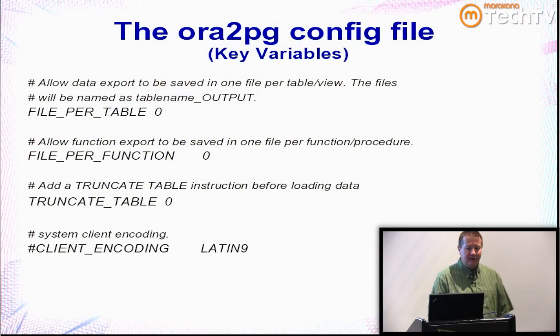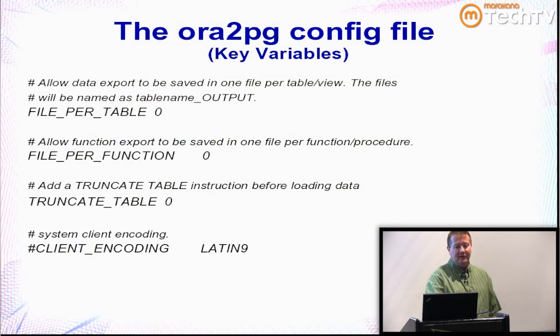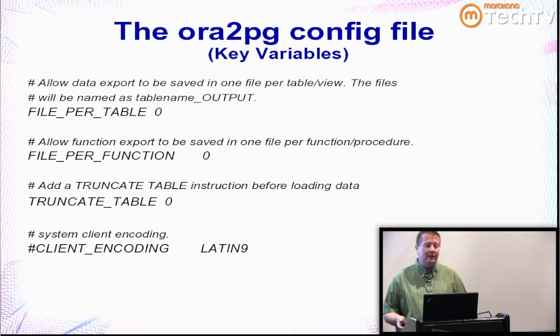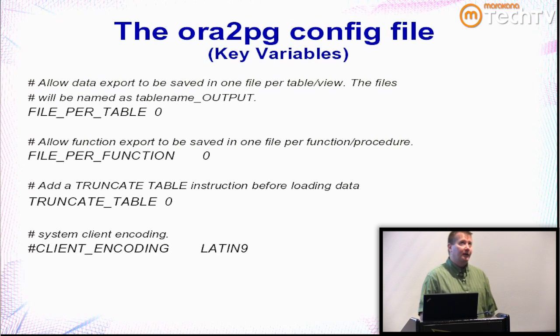There's a file per table, which, like the other parameters we just talked about, the file per constraint and file per index, says that when we're dumping either data or DDL, we will get a single file per table. Likewise, there's a file per function, where every function, if you're going to try to migrate stored procedures and functions, will go into a separate file. We dumped all our DDL for functions and tables into single files.